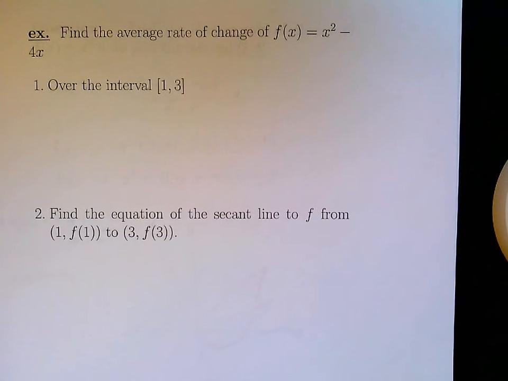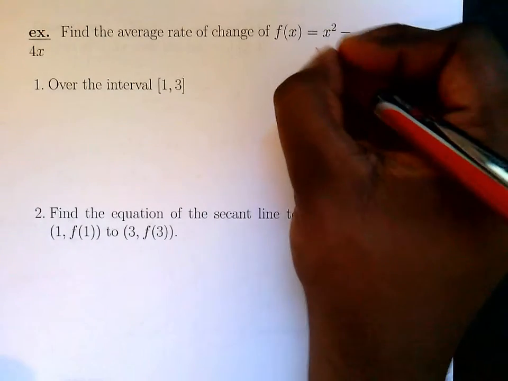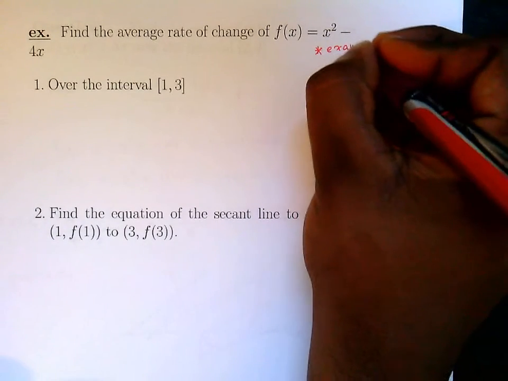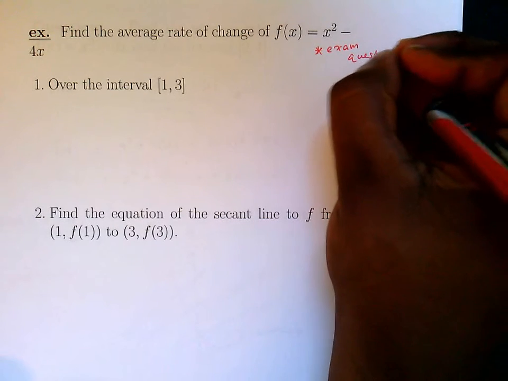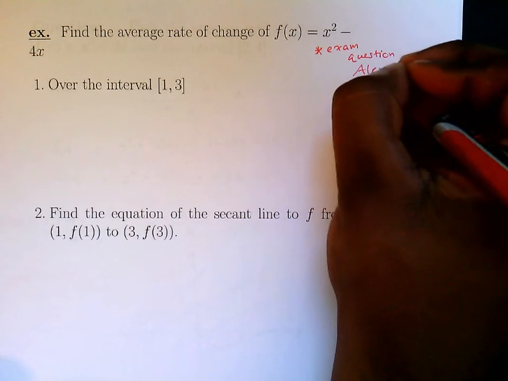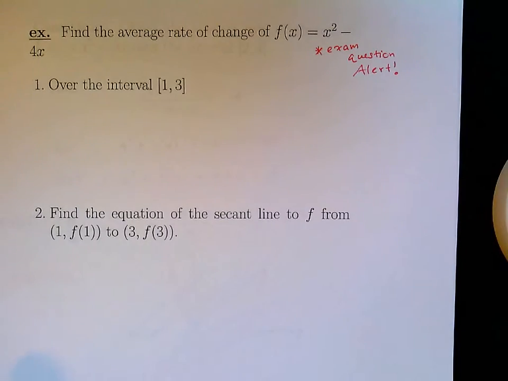Now the next idea is the average rate of change. Now the idea of average rate of change is so important, so you might be tested on this. The important thing is it's very related to calculus.